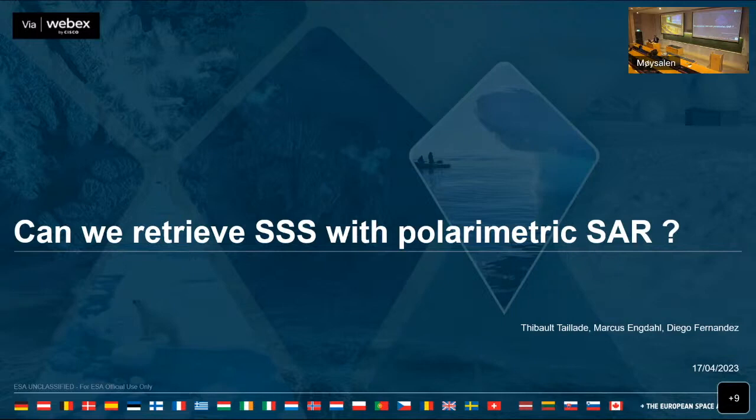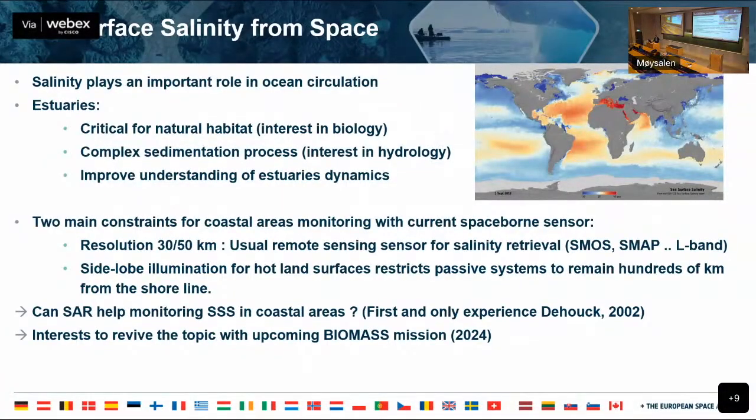So very fast, because I think I will present in the breakout session. Can we retrieve sea surface salinity with polarimetric SAR? We want to do that because we are going to high resolution, so especially we want to have understanding in coastal areas.